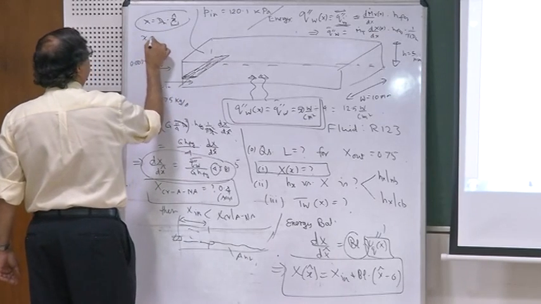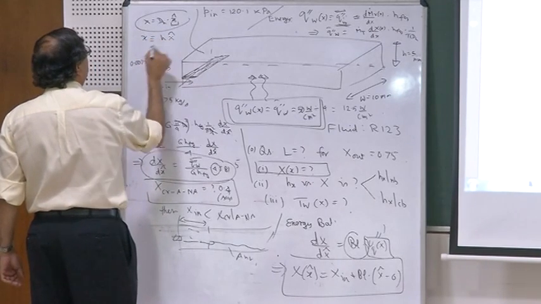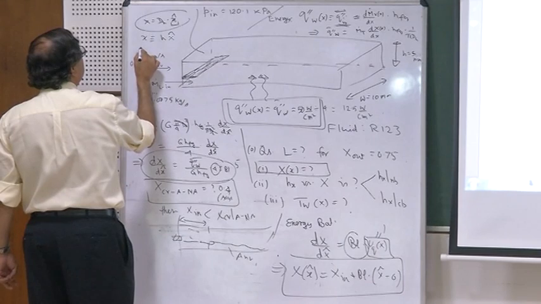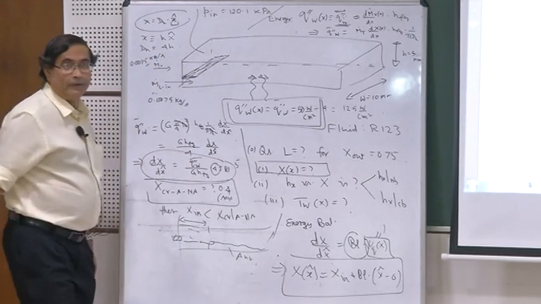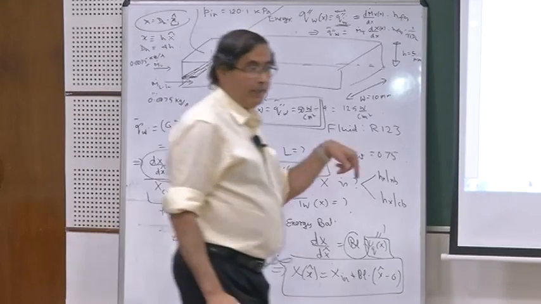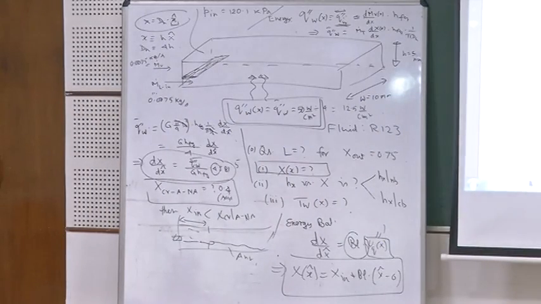I have defined x as h times x caret, and that means dH is equal to 4h. So that's why there is no 4 in there. You fix that particular definition that way.